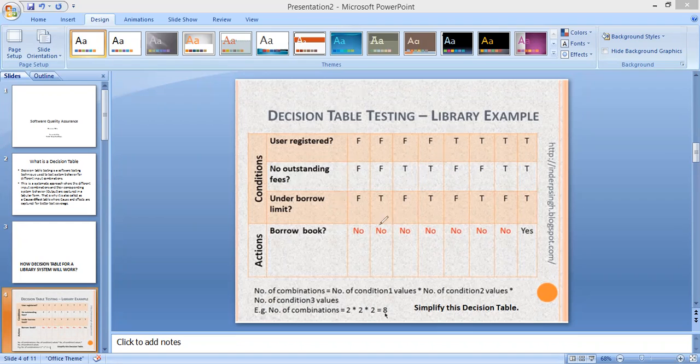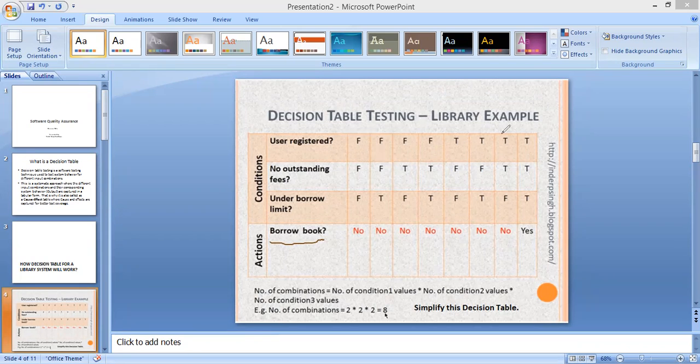For example, over here we are saying whether the user is registered or not, whether the user has an outstanding fees or not, whether the user has crossed the borrow limit or not. On the basis of these three conditions, the system will be able to decide whether the user is eligible to borrow a book or not.